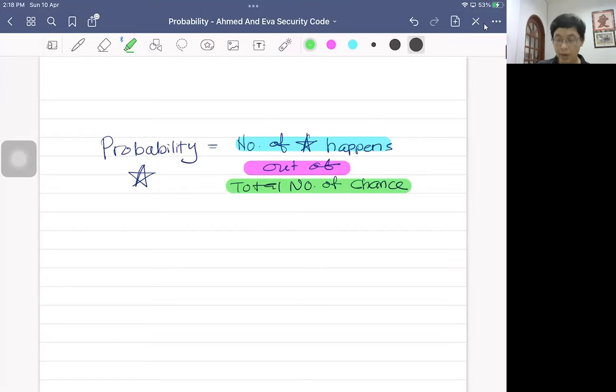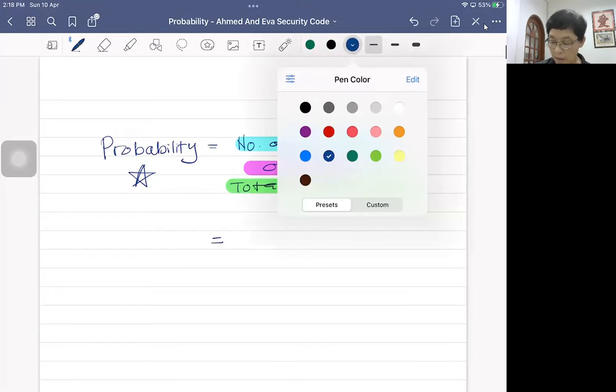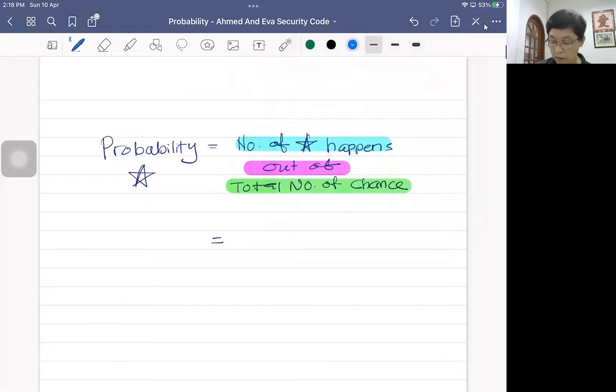So now I'm going to translate these words into mathematical representation. The number of stars that happen will be the number or quantity of stars that happen.